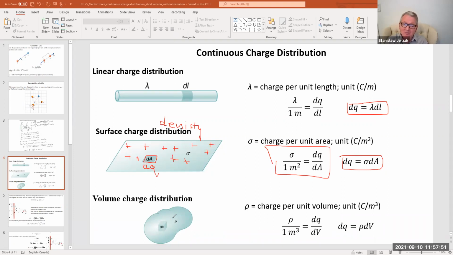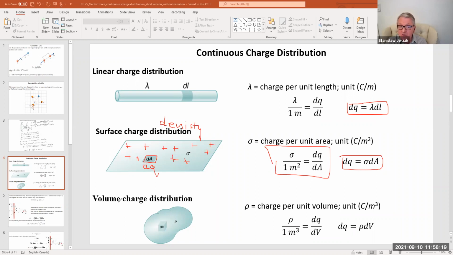Why I emphasize plastic, not metal, is because if you had a volume of metal, then the charge would, as you see in most cases, be distributed on the surface, especially in static equilibrium. But imagine that we have a volume of charge, maybe charge embedded in a piece of plastic. So that would be a volume of charge.